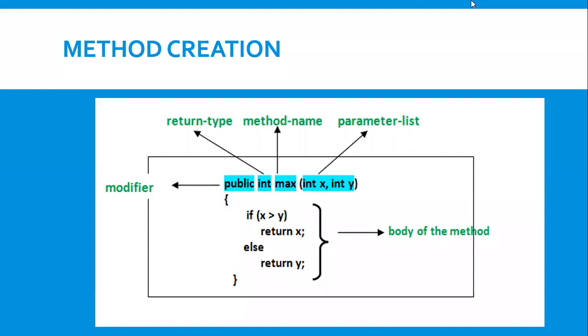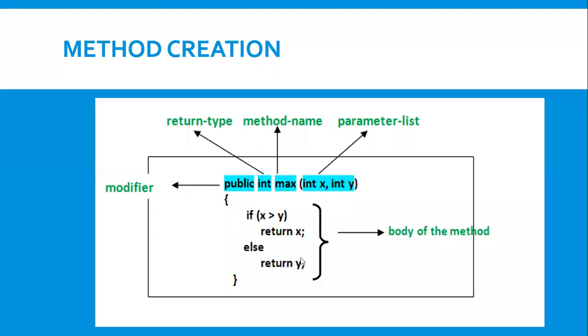So here in this slide, you can see how we are going to create the method. This int is a return type. After doing some operations inside that method, finally, what kind of value should it return? Here we are comparing x with y. If x is greater than y, you will return x.